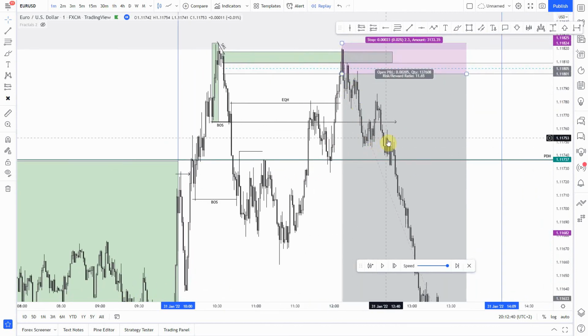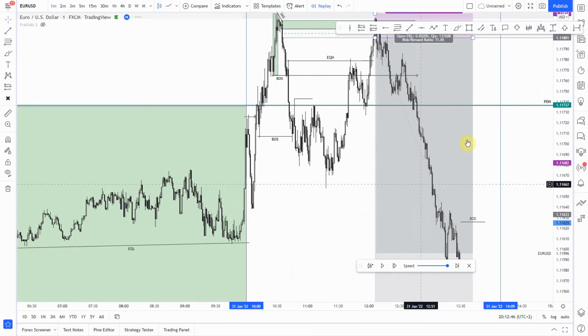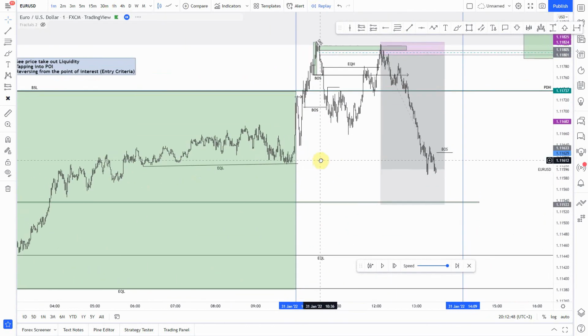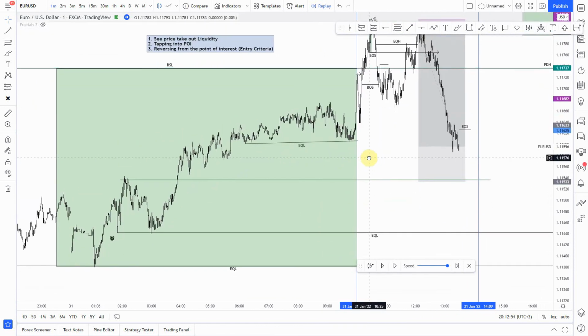Look at how quickly price draws far away from that area. Okay, so it drew far away. First target was this equal lows, I'm trying to find this one, was this area.